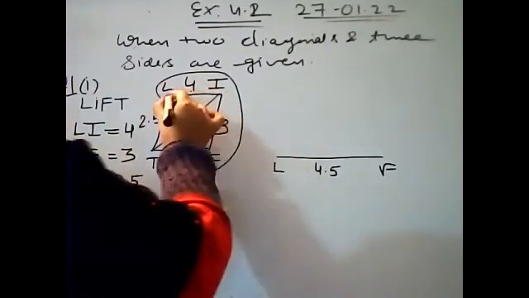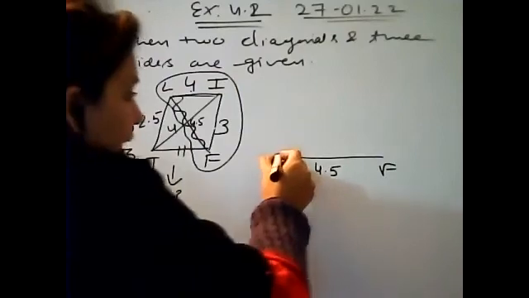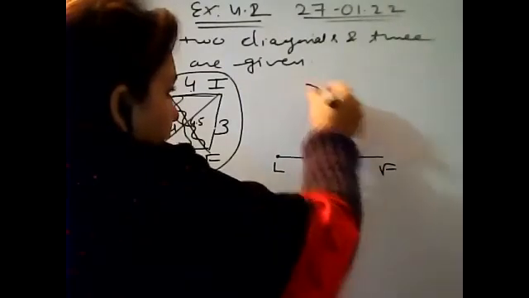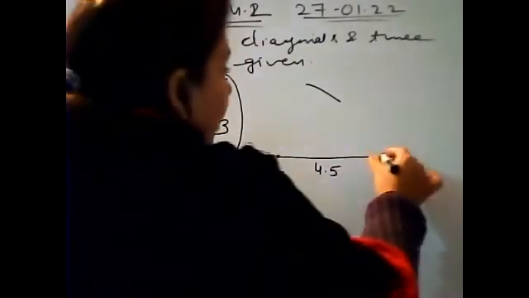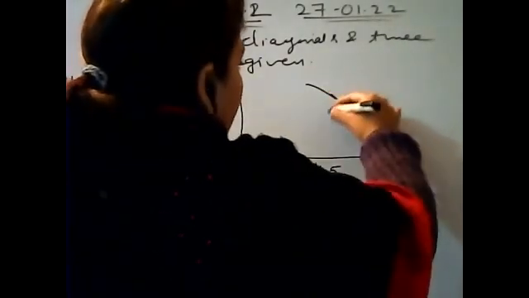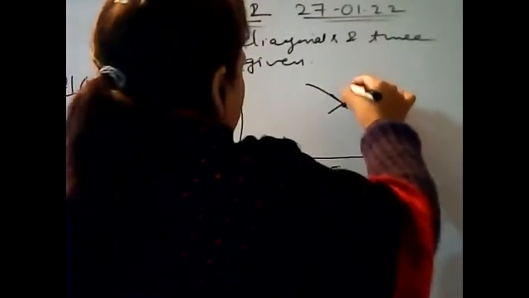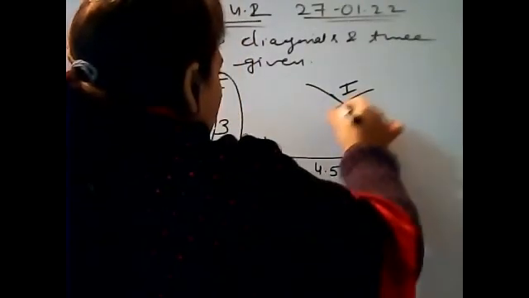So ऊपर वाला triangle, LI is 4. Keeping the needle at the point L, mark an arc of 4 centimeter above. And your FI is 3. Keeping the needle at the point F, mark an arc of 3, and take this point to be I.